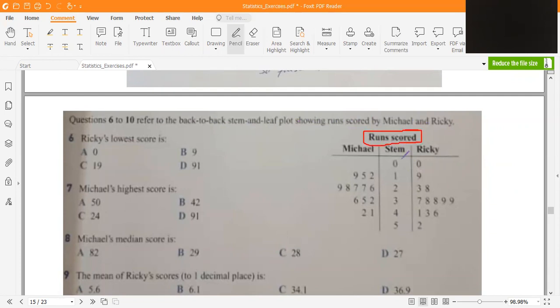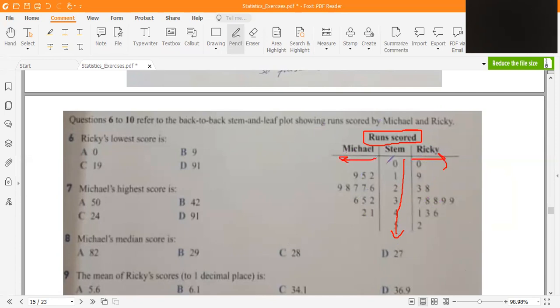The positive direction of the stem is always from top to down, and Ricky's is from left to right, and Michael's from right to left.